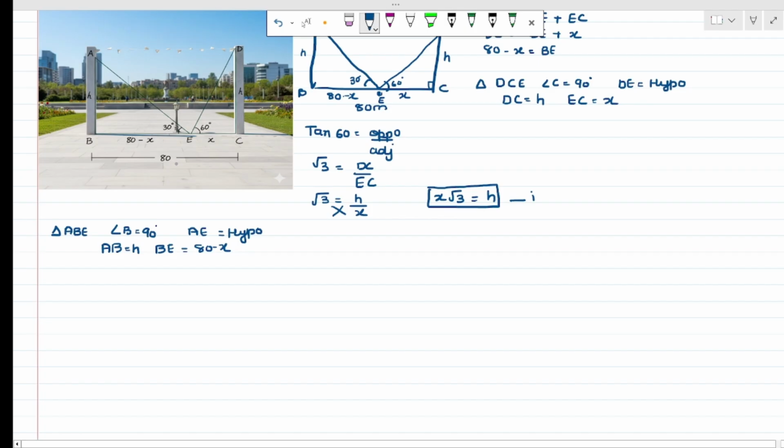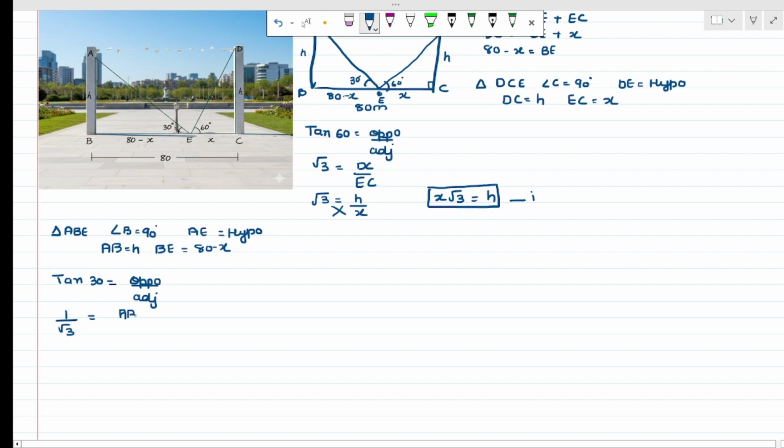Now, which formula? Again, opposite upon adjacent. That means you need to go for tan theta only. So, write tan 30 will be equal to opposite upon adjacent. So, tan 30 will be equal to 1 upon under root 3. So write down 1 upon under root 3 equals, what is my opposite?